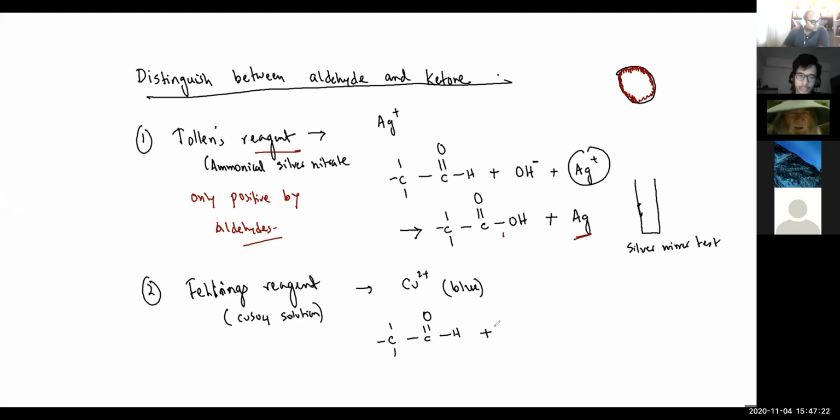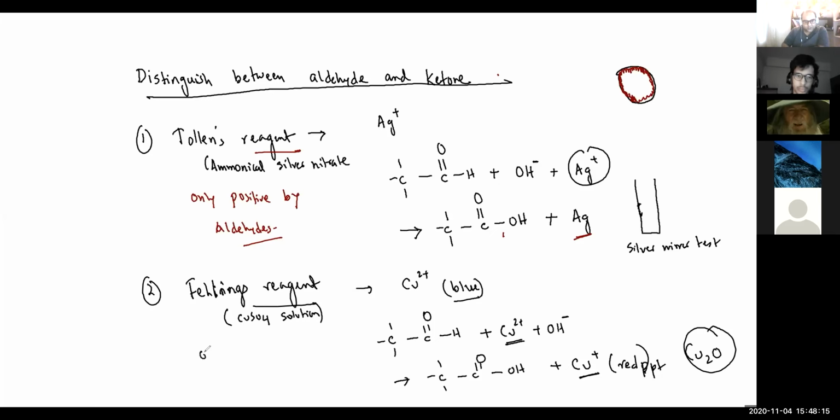What is the color of copper 1? Red. So Fehling's reagent gives you a red precipitate. So actually it forms Cu2O, copper 1 oxide, which is a red precipitate.